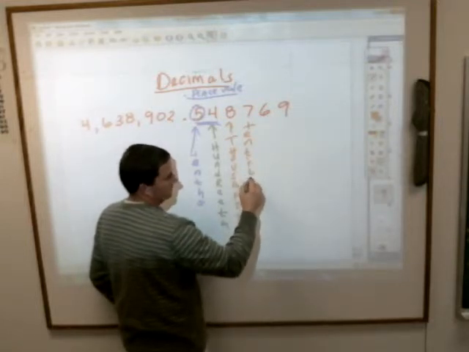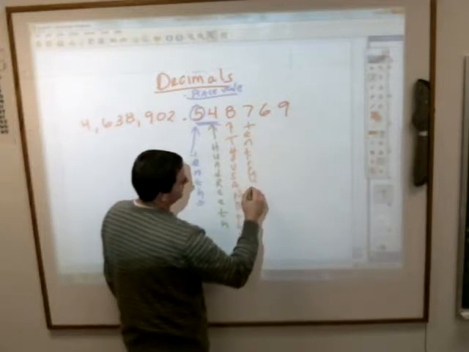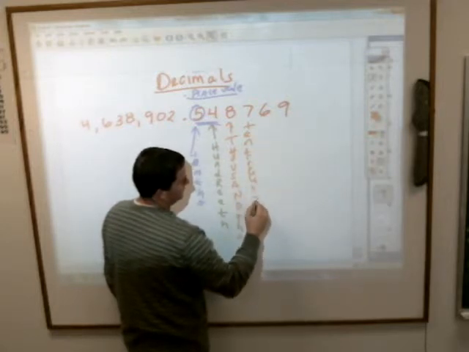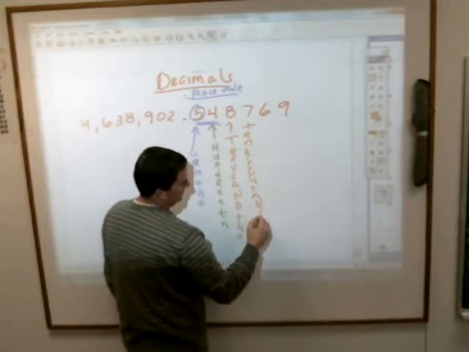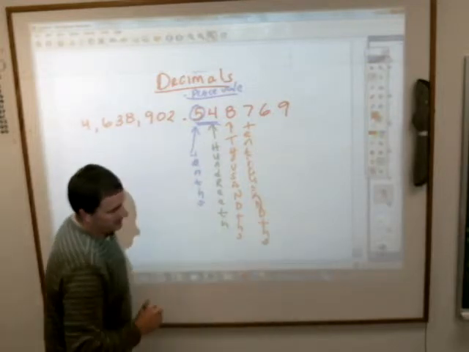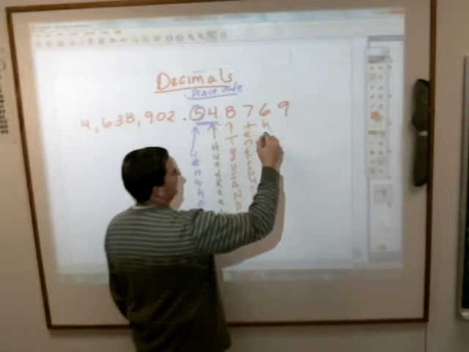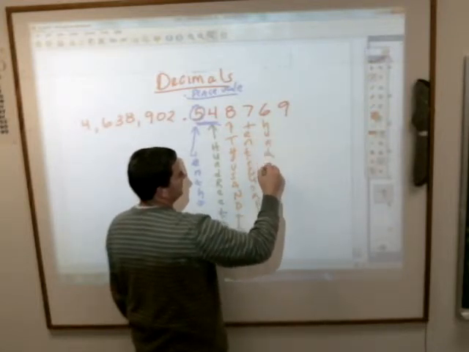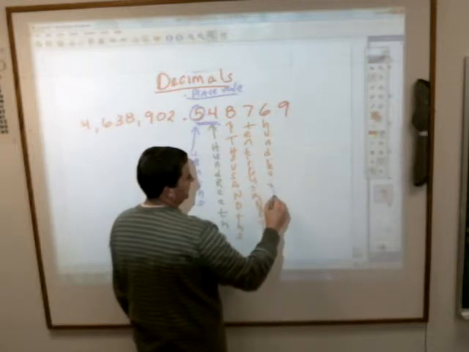Thousandths place, ten thousandths place. And it keeps getting smaller and smaller and smaller. Then we have the hundred thousandths place.